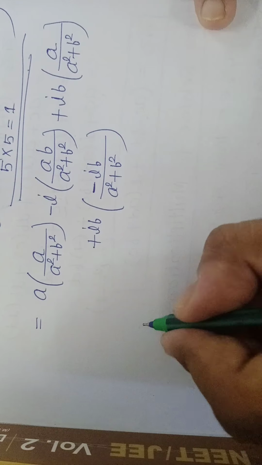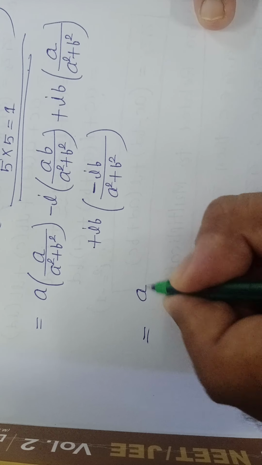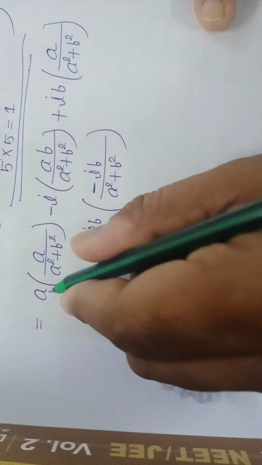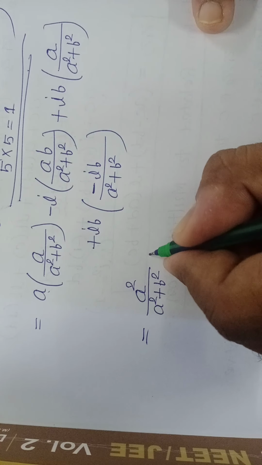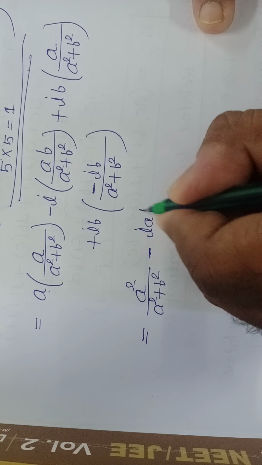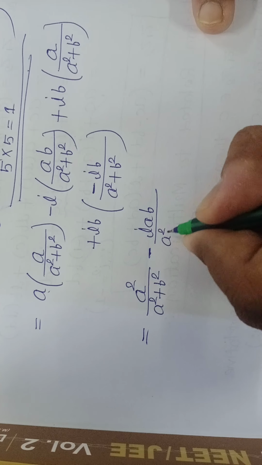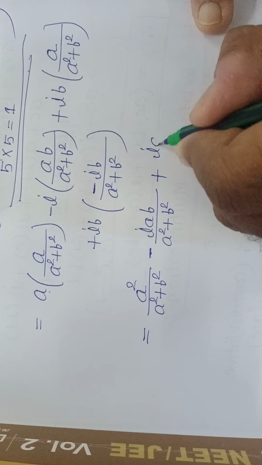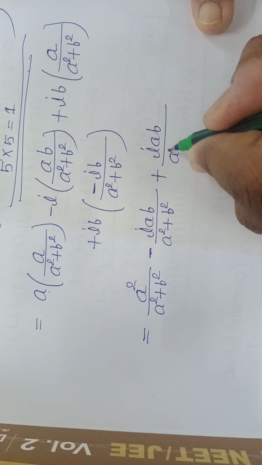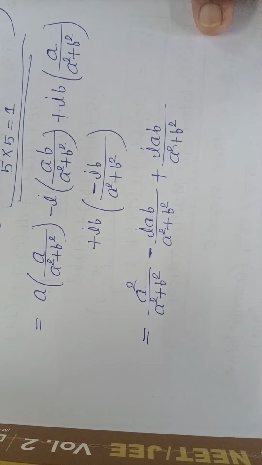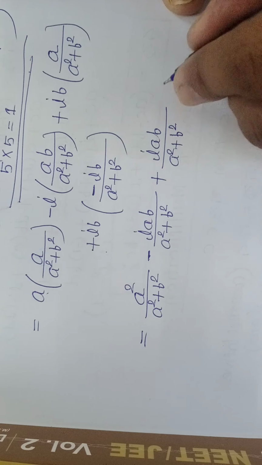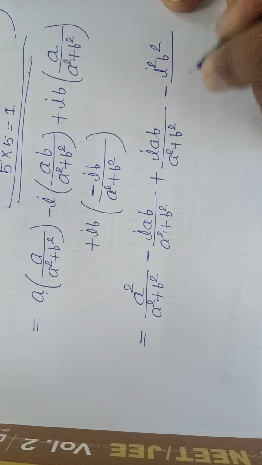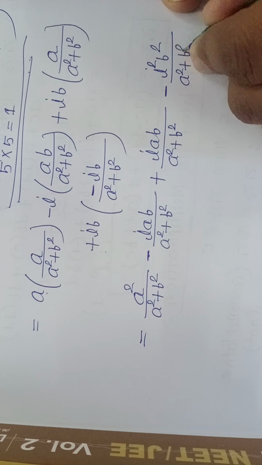Okay, now see what it has become. This is a square upon a square plus b square, right? This a is multiplied there. Now minus iab upon a square plus b square, this result. And plus again this is iab upon a square plus b square, my friend. And plus, minus minus, i square b square upon a square plus b square.